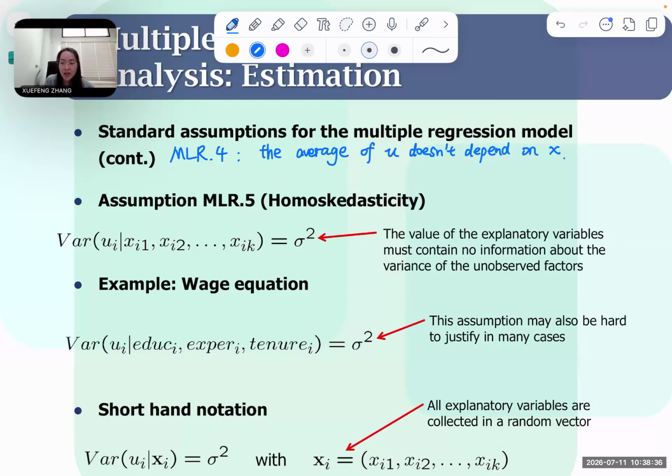And here, MLR5 adds that the variance of mu, how spread out the errors are, also doesn't depend on x.